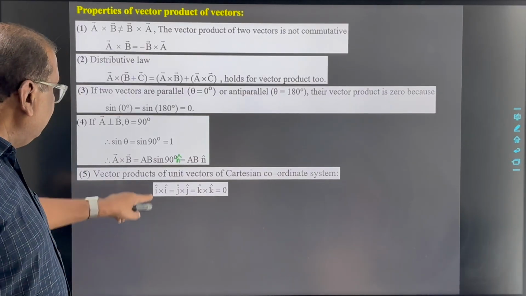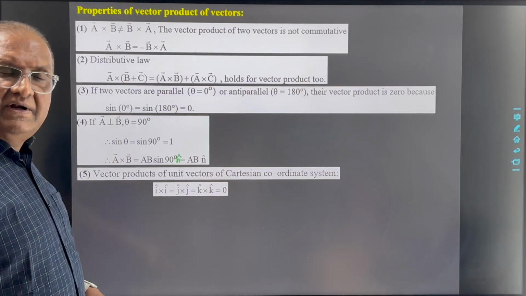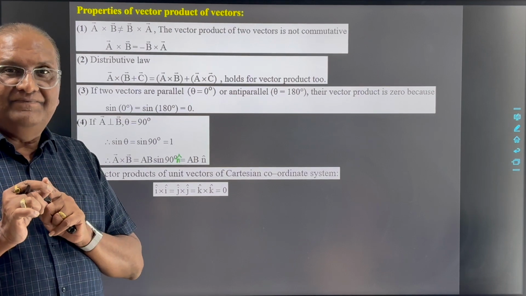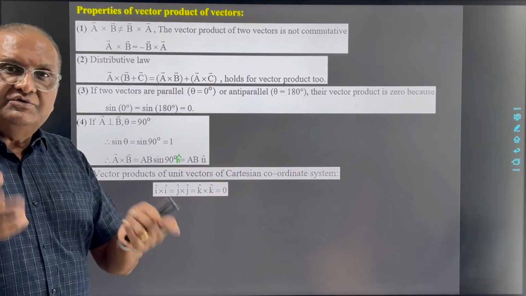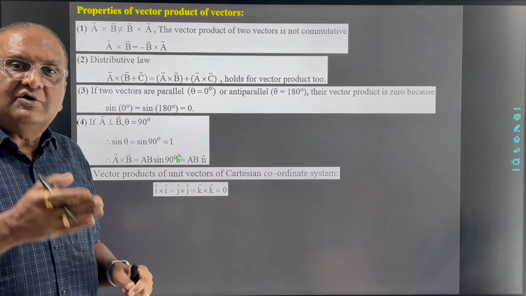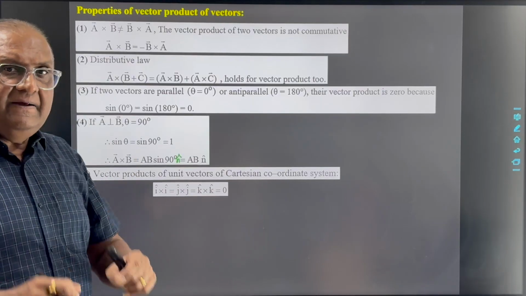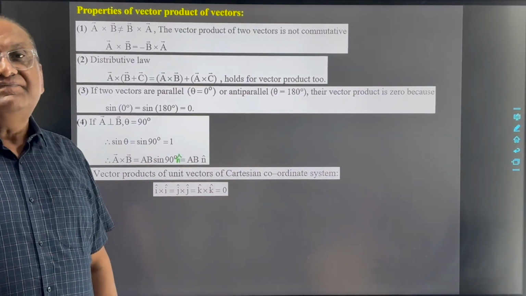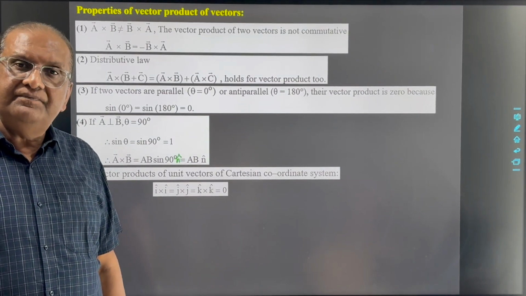Then we can write magnitude of i, that is 1, magnitude of i, that is 1, then sine theta, that is sine 0. In this case theta is equal to 0, sine 0 is 0. So i caret cross i caret will be equal to 0. Similarly, j caret cross j caret as well as k caret cross k caret will be equal to 0.